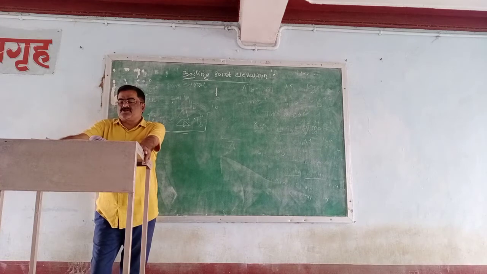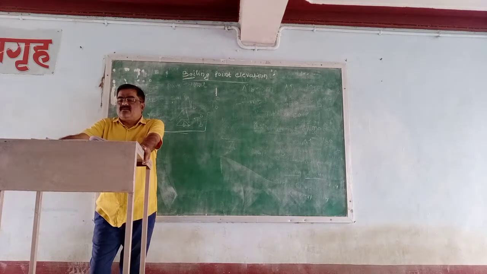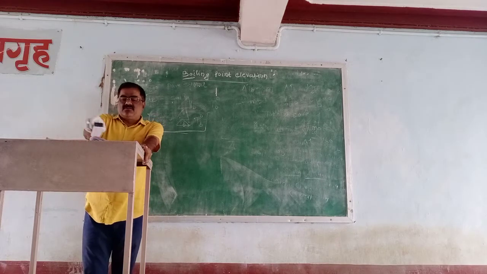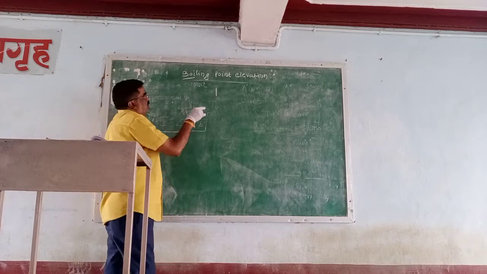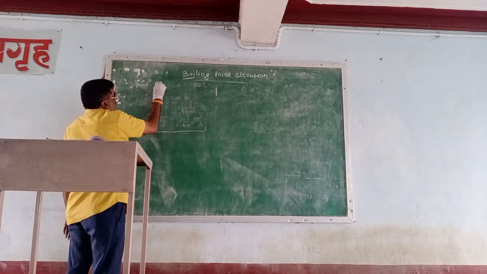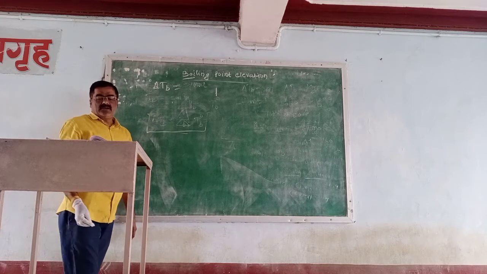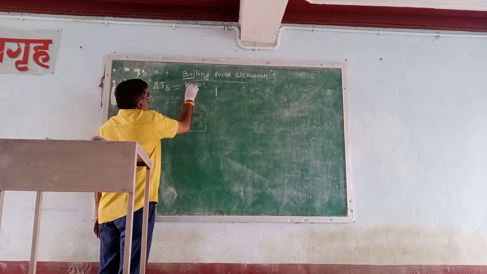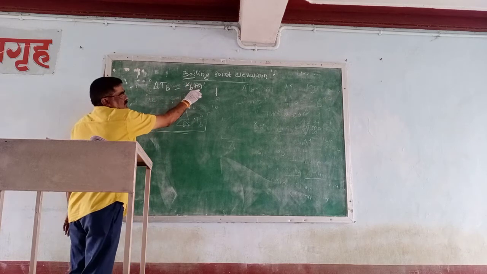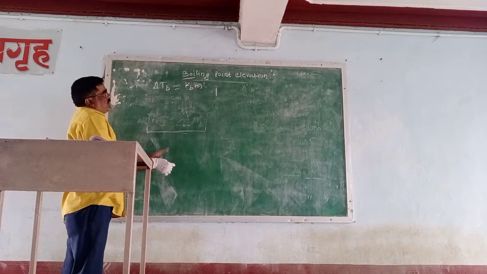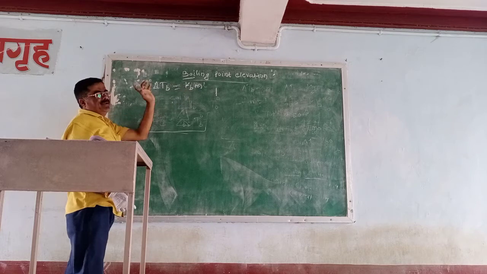As we have seen, delta Tb is equal to Kb m. That is, the elevation of boiling point is directly proportional to the molality. By removing the proportionality sign, we take the proportionality constant K.